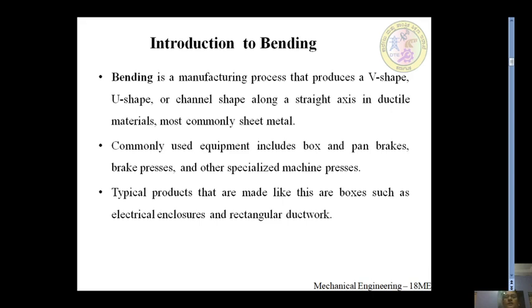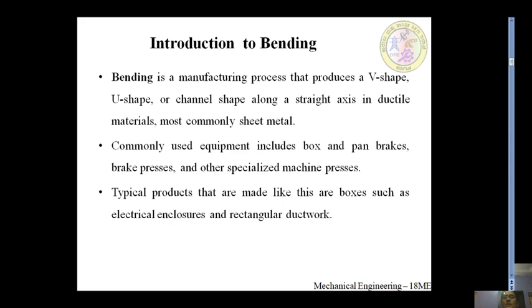Before going with this, in the earlier class, that is in the first session, we have seen sheet metal operations are basically classified into 2 types. One is cutting or shearing operation and the second is bending operation.